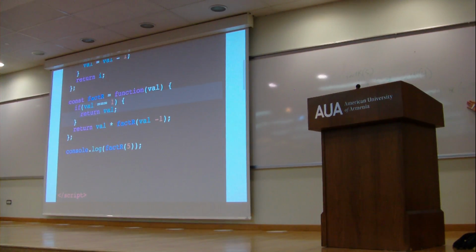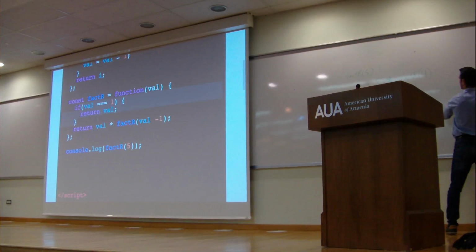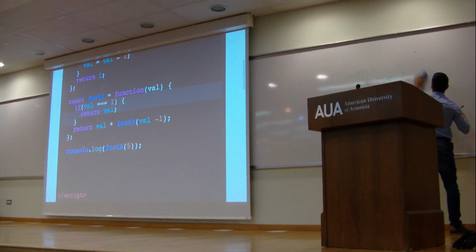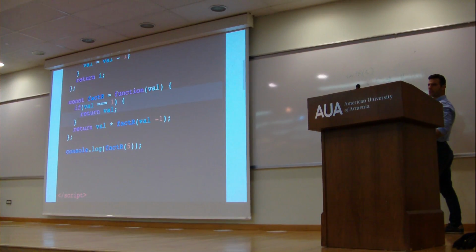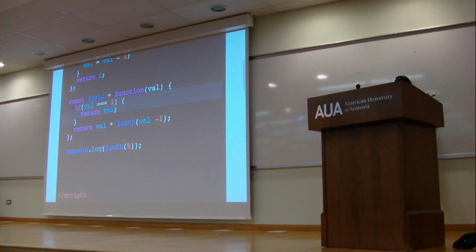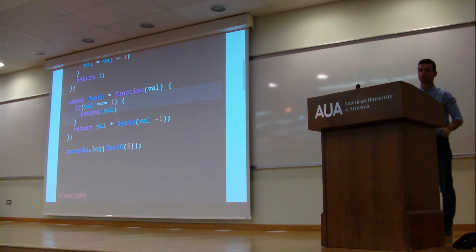Six times 4? 24. So this returns 24. Did we make a mistake? Okay. And 24 times 5, 120. Therefore, fact R 5 turns into 120.